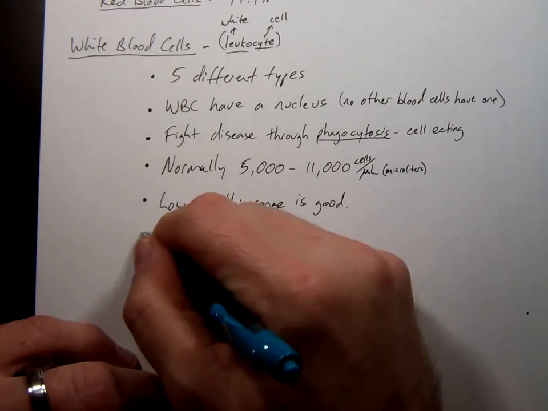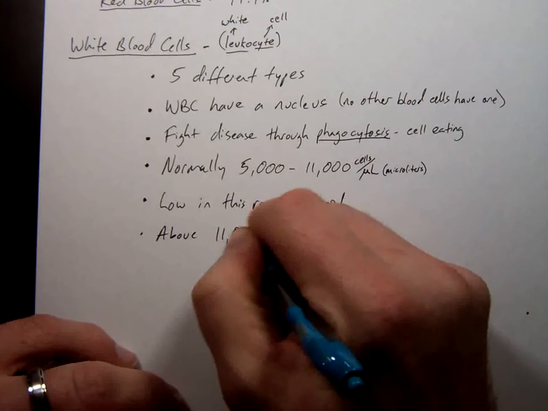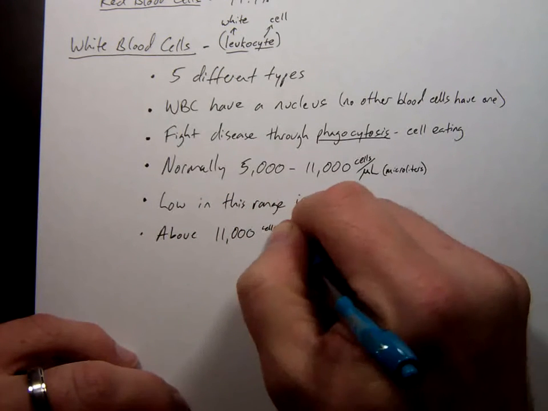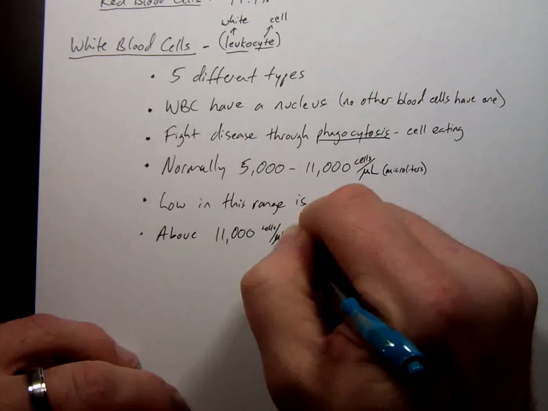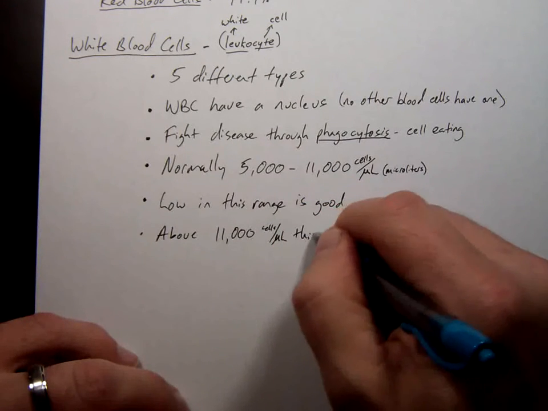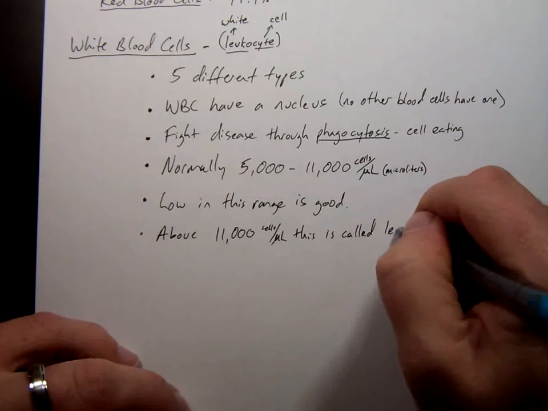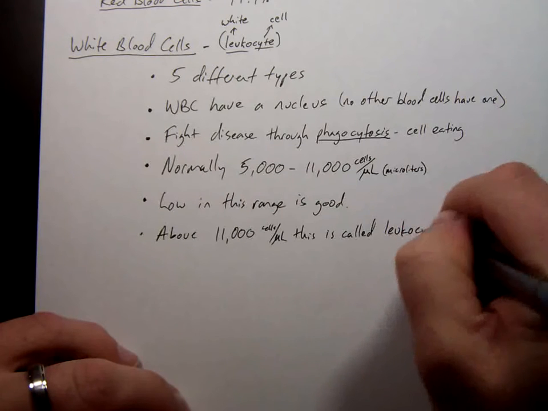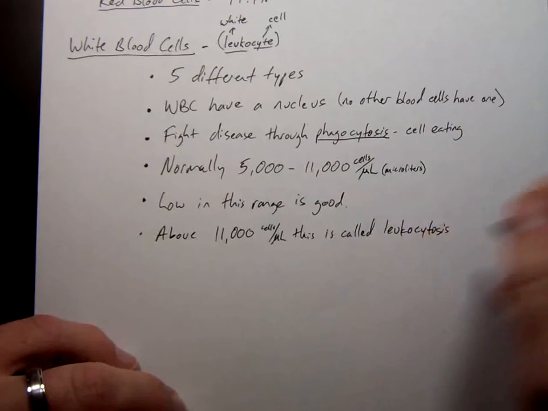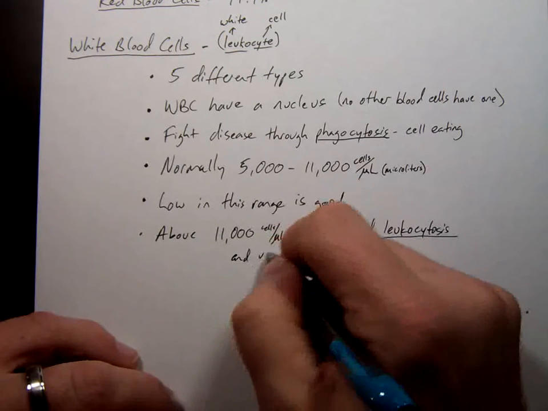So if we get above 11,000 cells per microliter, this is called leukocytosis, and usually indicates infection.